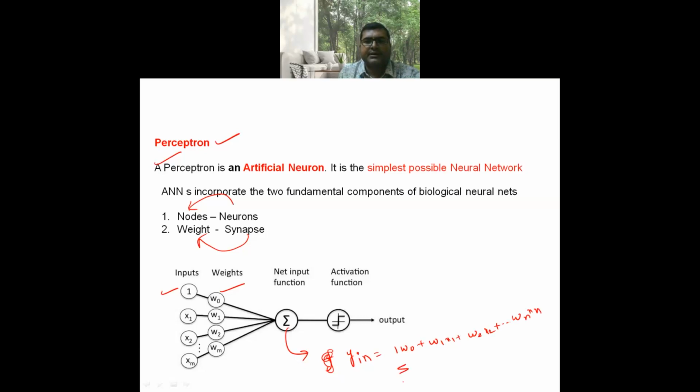That is, summation i from 1 to n of wi xi, with some bias. Now here this particular y_in will be applied to the activation function to get the output Y. Now the equation is as follows.